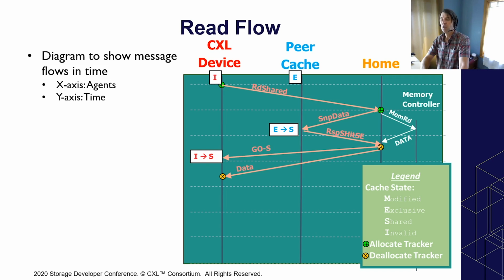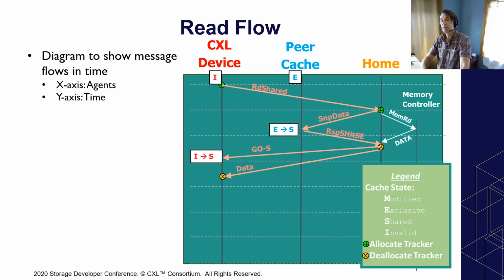After the home has collected its snoop responses, it will then send, and I should mention in parallel, it sent read data, or memread, to the memory controller. This memory controller could be a native memory controller or a CXL attached memory device, as we showed in the prior diagram. That memory controller will return data to the home agent.